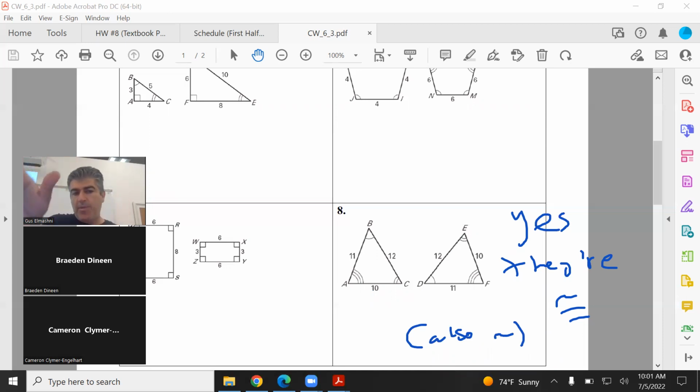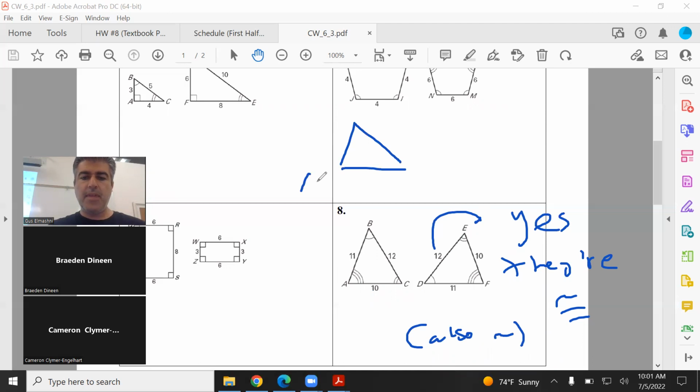And what I would do is I have to rotate. I've got to take this triangle and rotate it. So that's A, that's B, that's C: 3 markings, 1 marking, 2 markings.